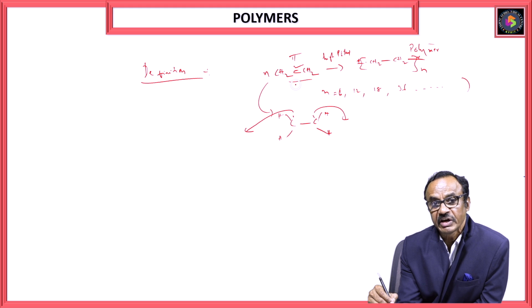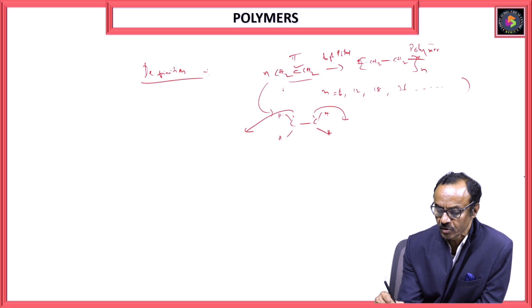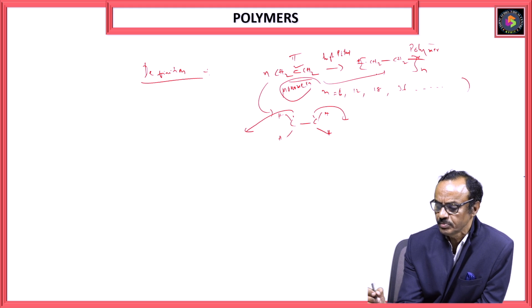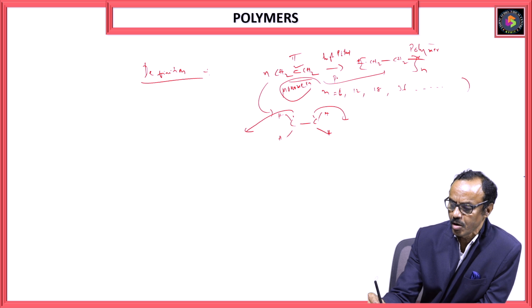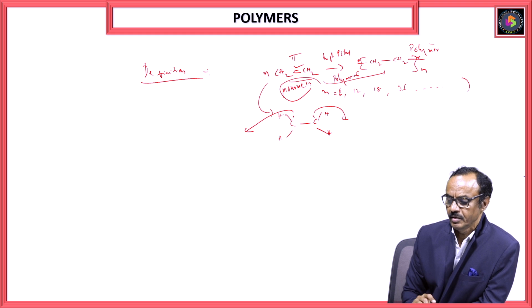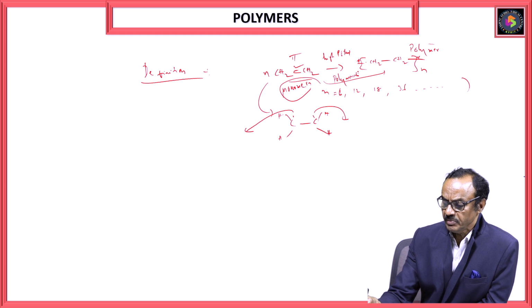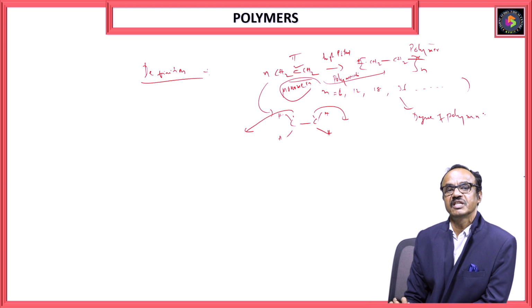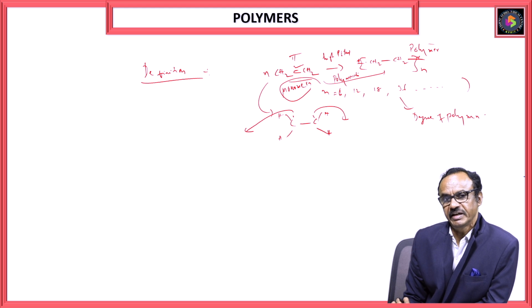The smaller units which are involved in linking are known as monomers. Converting monomers into polymer is known as polymerization. Repeated units in the polymeric chain are known as the degree of polymerization. These are the terms we need to define in this unit.